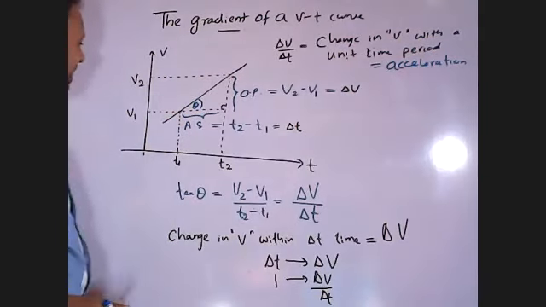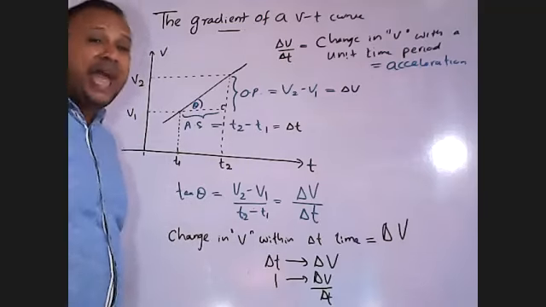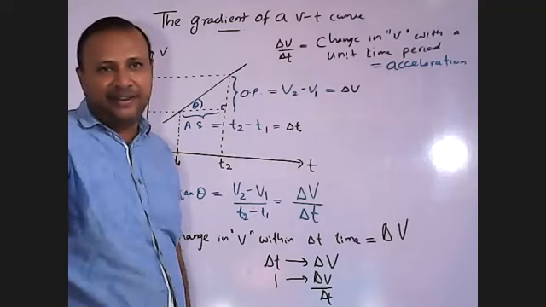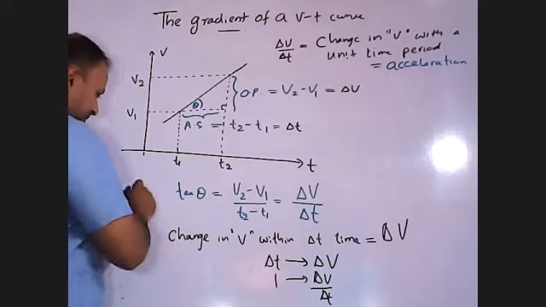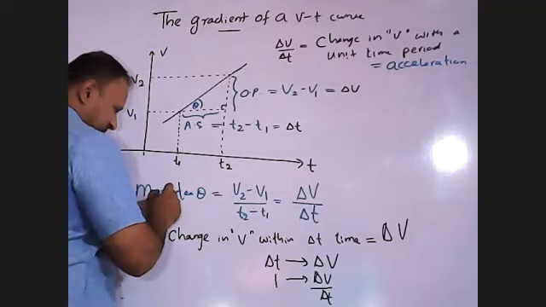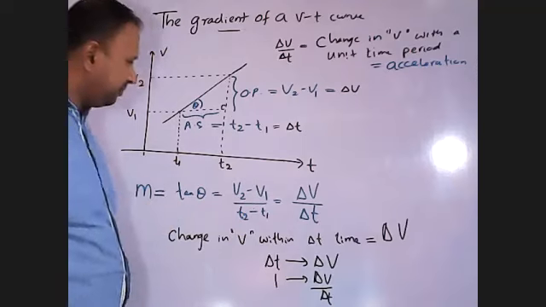Therefore, the gradient of a VT curve shows acceleration. The gradient is equal to tan theta, that is equal to this one.